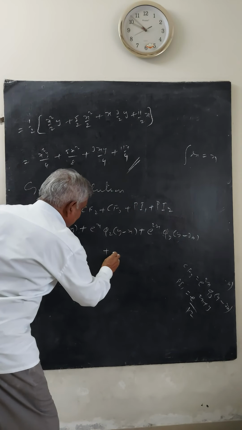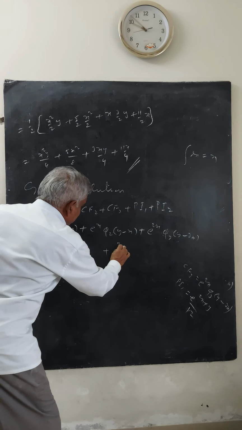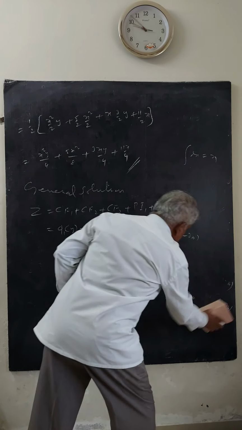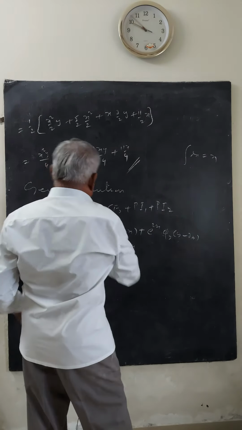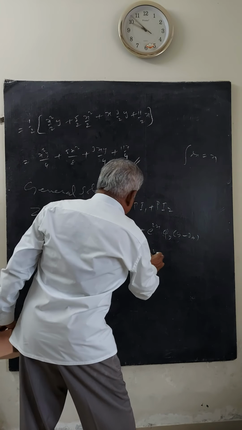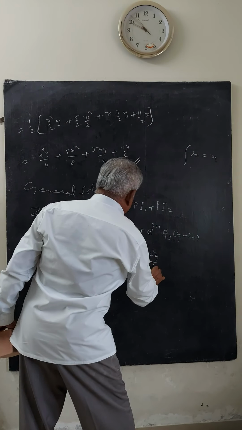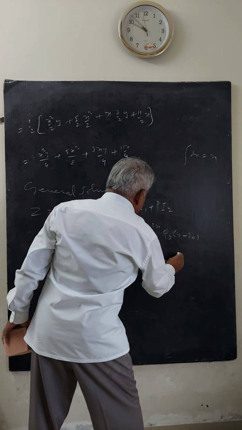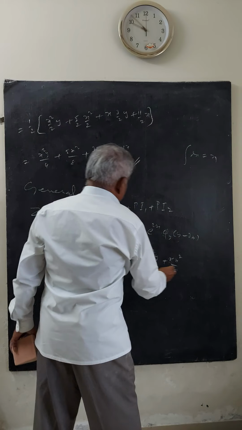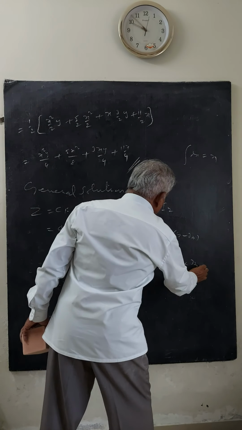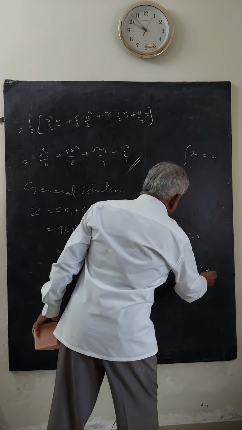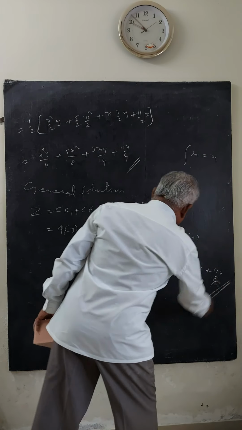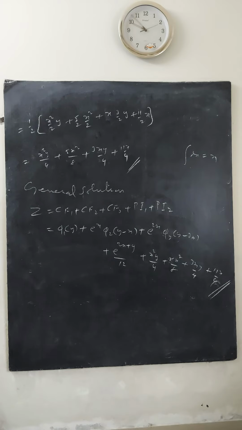PI1 is e power 2x plus y by 12. PI2 is this: x square y by 4 plus 5x square by 8 plus 3xy by 4 plus 11x by 4 is the answer.